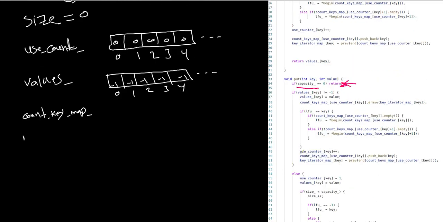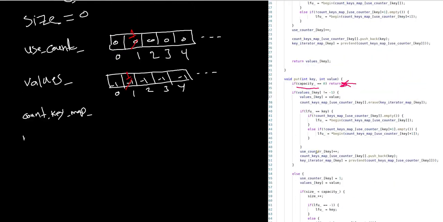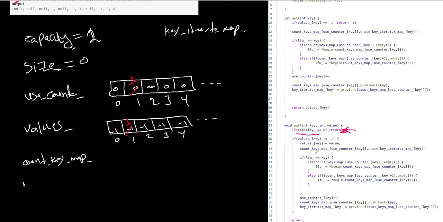and what we do, use counter of the key plus 1. So use counter of the key is 1. Values of the key equal value, so this is 1. Now we need to check if size is less than capacity. Remember, we have another variable LFU initially -1.